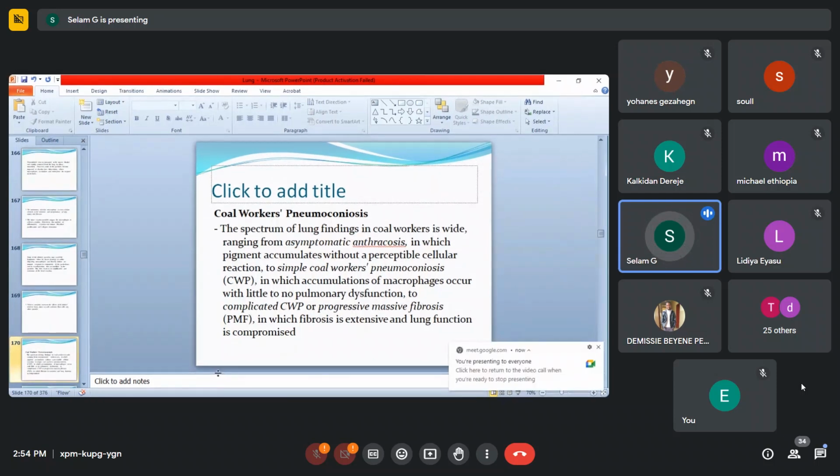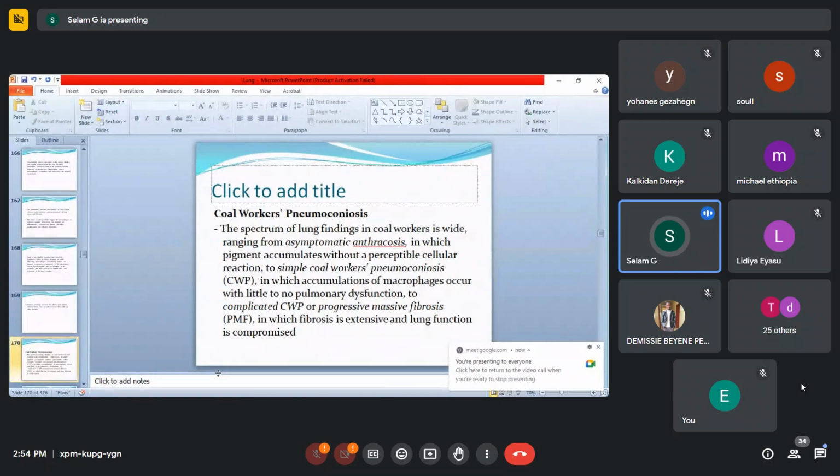So coal workers' pneumoconiosis, the spectrum of lung findings in coal workers is wide. This was very important because coal mining was very much utilized in previous times in Europe and many countries.